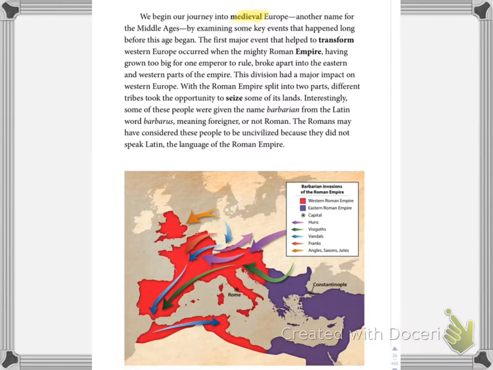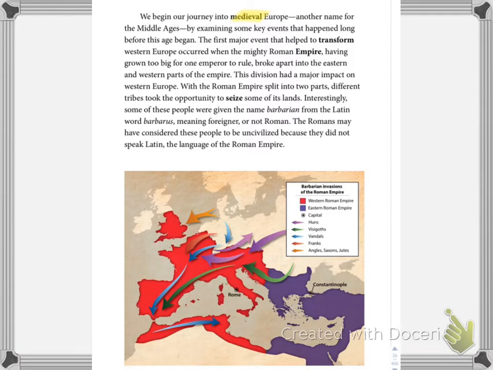With the Roman Empire split into two parts, different tribes took the opportunity to seize some of its lands. Interestingly, some of these people were given the name barbarian from the Latin word barbarus, meaning foreigner or not Roman. The Romans may have considered these people to be uncivilized because they did not speak Latin, the language of the Roman Empire.